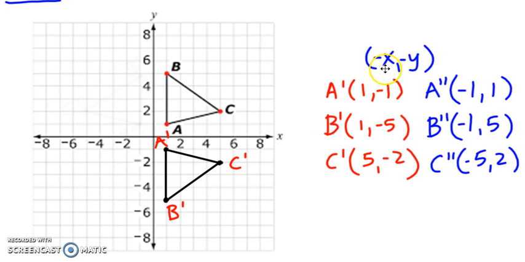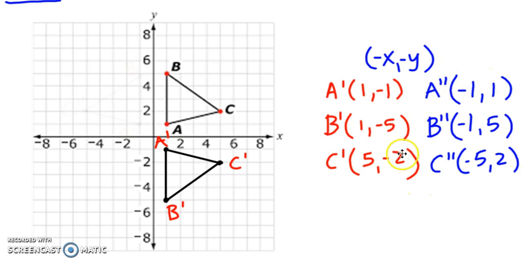So I'm basically changing the sign of both the x and y value, and I'm not rearranging them, switching their order. So my positive 1 for x becomes a negative 1. My negative 1 for y becomes a positive 1. And I've gone through all 3 points, just switching the signs for both of them because that's what the 180 degree rotation rule is.